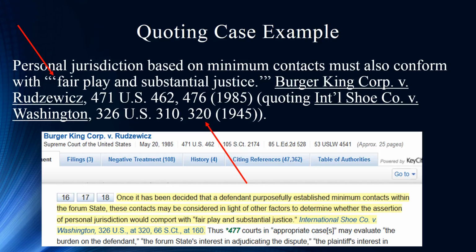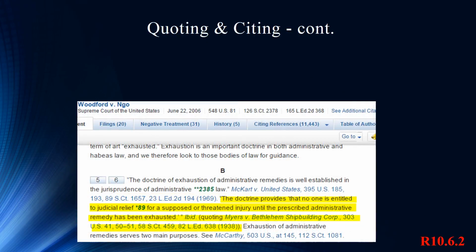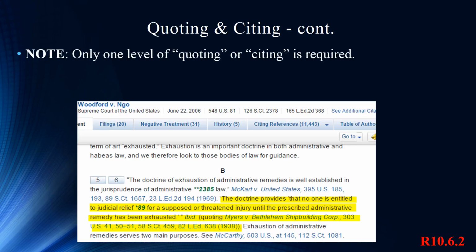Finally, notice that the International Shoe citation is different from the Supreme Court's. That's because you should put the quoted or cited case in proper Blue Book format, even if it's not that way in the original. Note, only one level of quoting or citing is required, like in this example. Here, there are 3 levels.